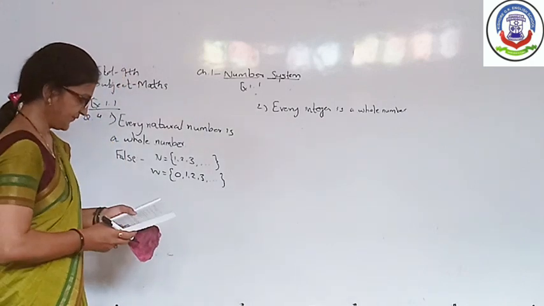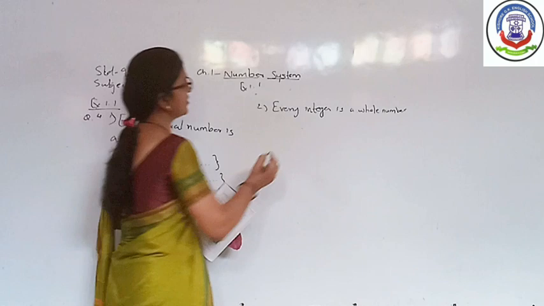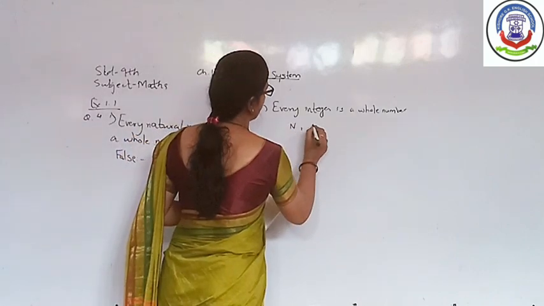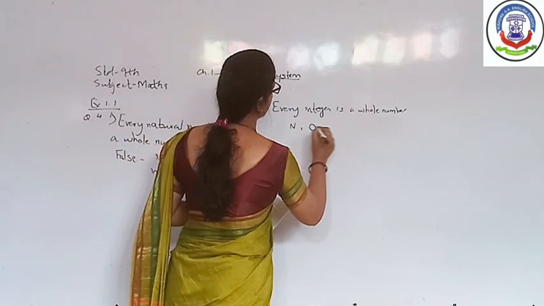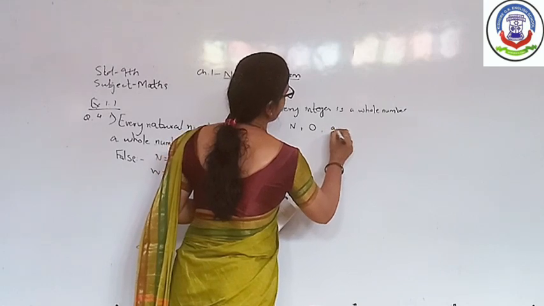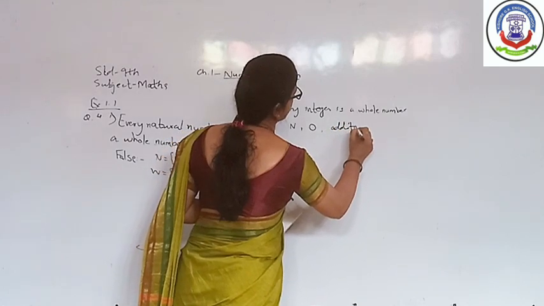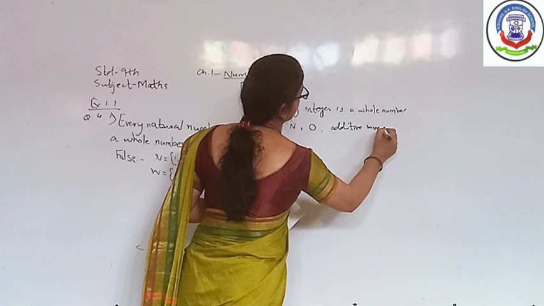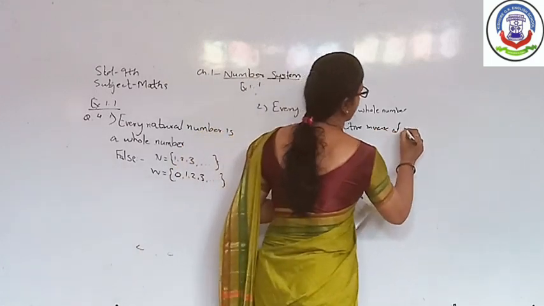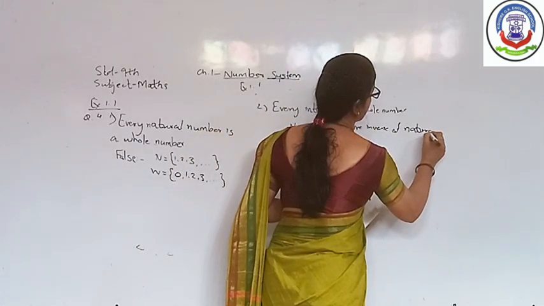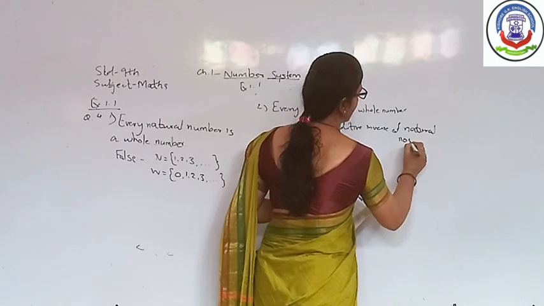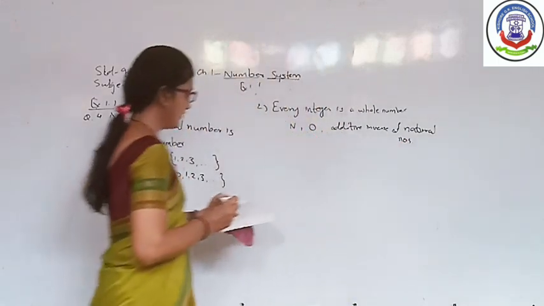True or false? So integers include natural numbers, whole numbers as well as negatives, the additive inverses of natural numbers. So the given statement is true.